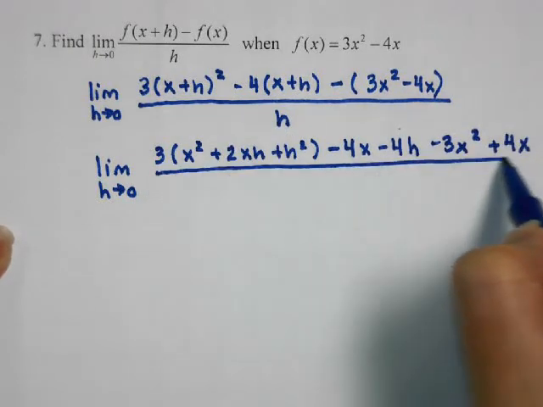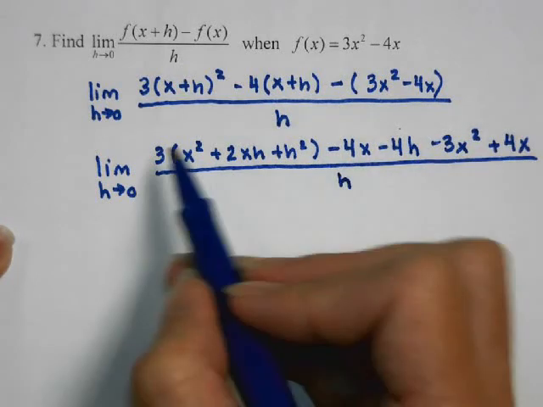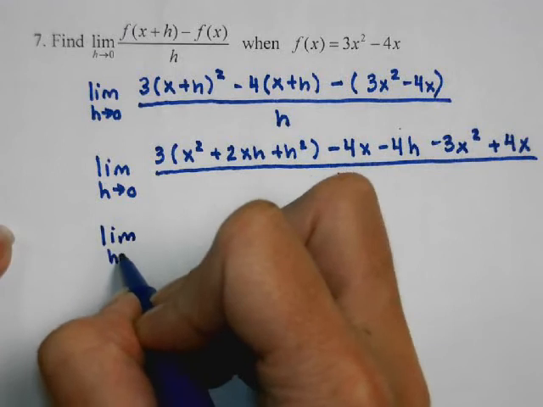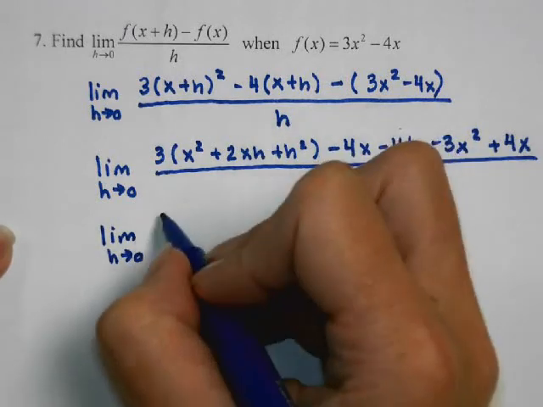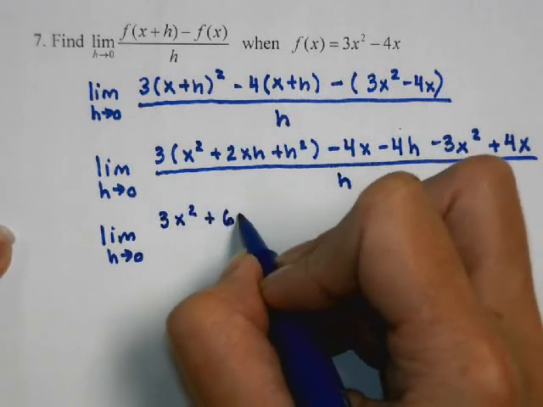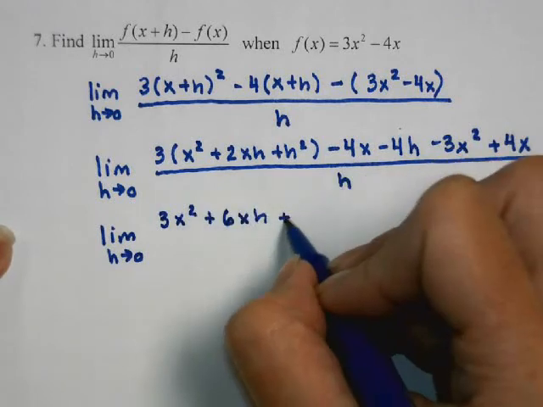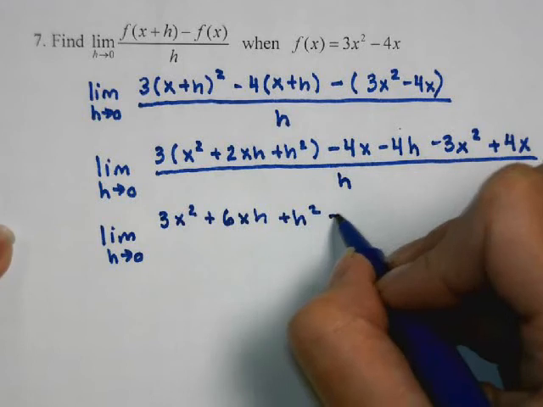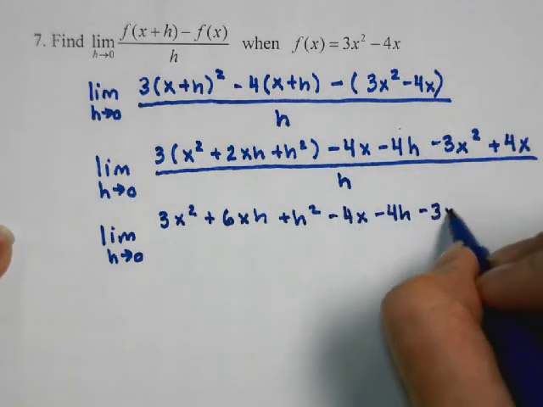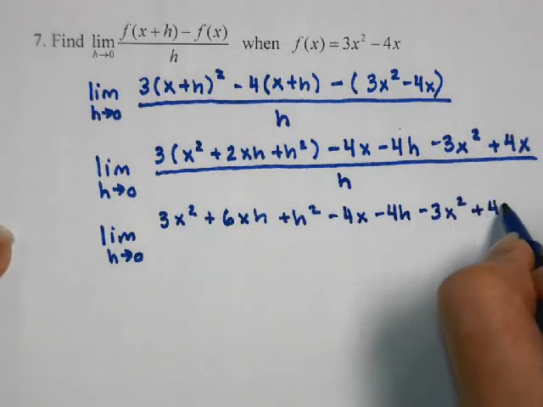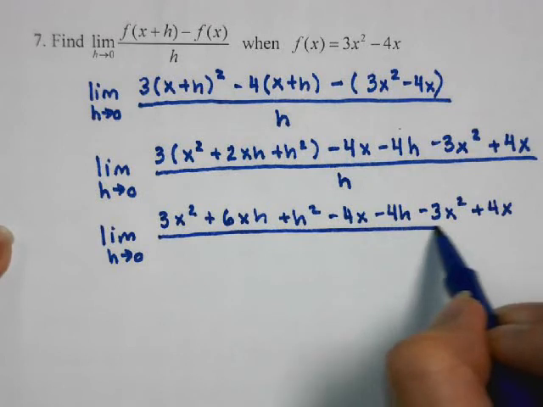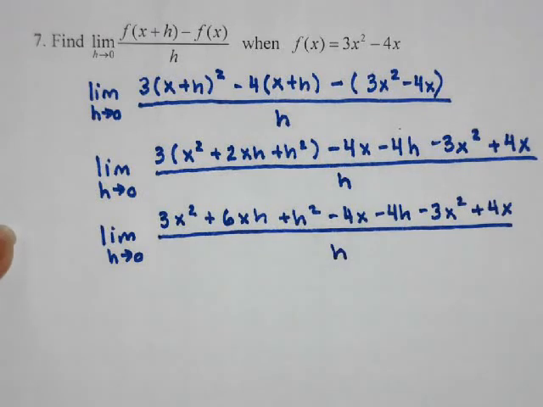All over h. And then the last step is to distribute, and then we're going to start crossing some stuff off. So we have 3x squared plus 6xh plus 3h squared minus 4x minus 4h minus 3x squared plus 4x, all over h.